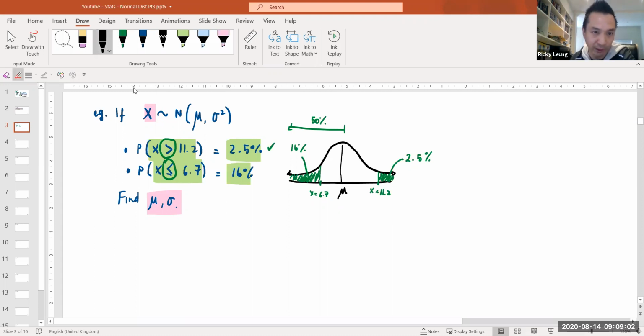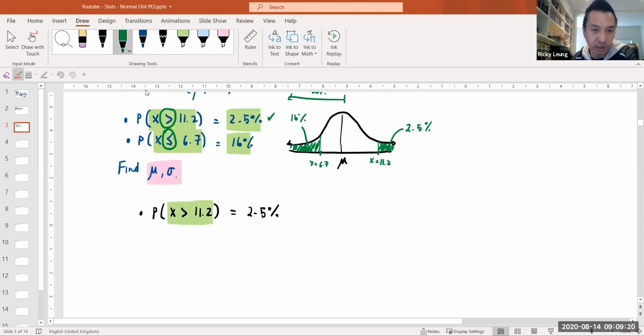So I'll show you what I mean. Using the first bullet point, x greater than 11.2 equals 2.5%. I'm going to leave the 2.5 for now and look at this statement here, and convert that to standard normal. So I get P(Z greater than...).